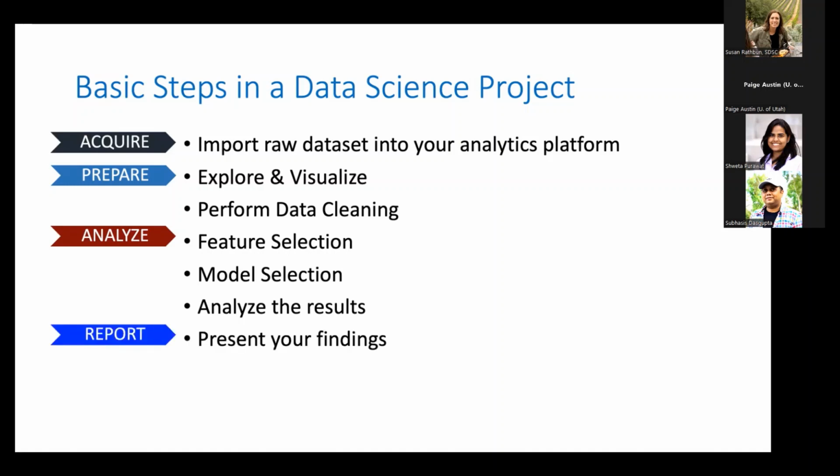So these are the top level steps when you are carrying out a data science project. And then once you have your findings, you use them to do something actionable.